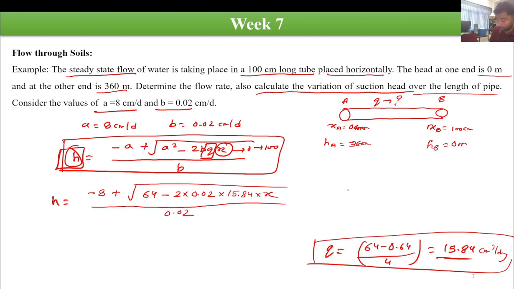Fine. So the variation of head, if we simplify, will be equal to minus 8 plus under root of 64 minus 2 into 0.02 into 15.84, 0.6336 x, divided by 0.02.